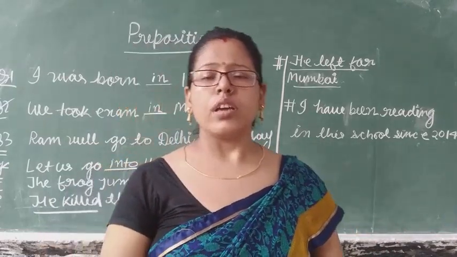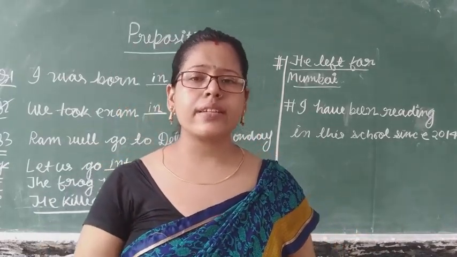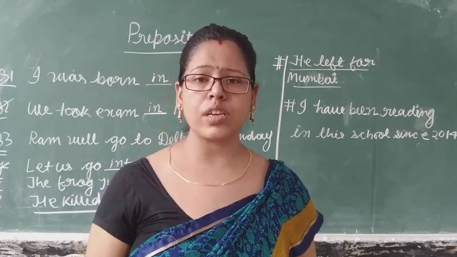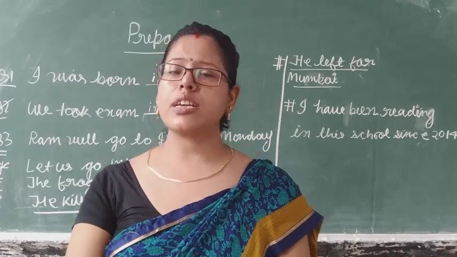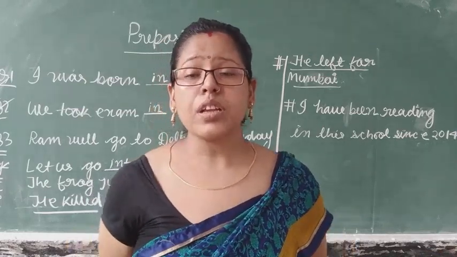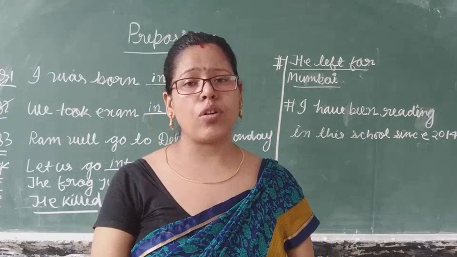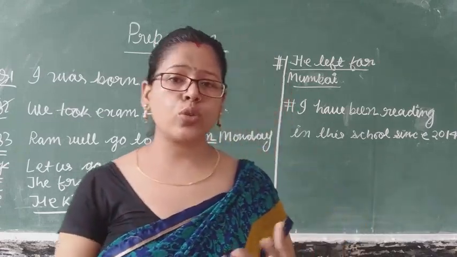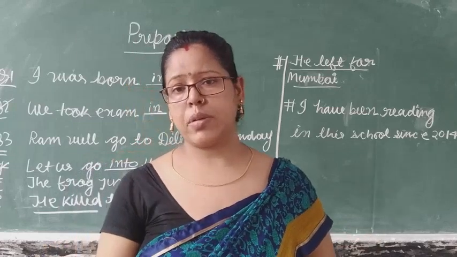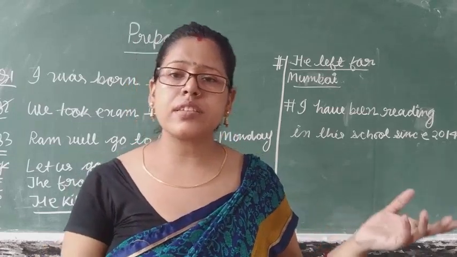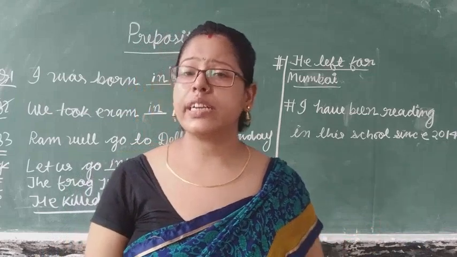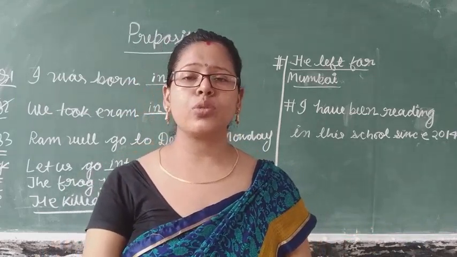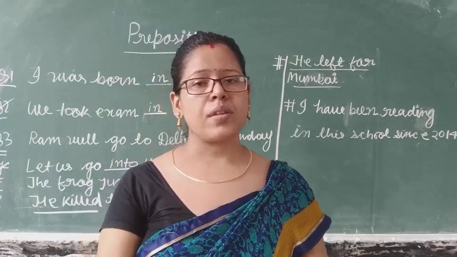Otherwise, if you are not getting the sense of an exact point of time, for example, मैं 5 वर्षों से इस विद्यालय में पढ़ती आ रही हूँ, in this condition we shall use for. And if a certain year or a certain date is given, in that condition we shall use since.